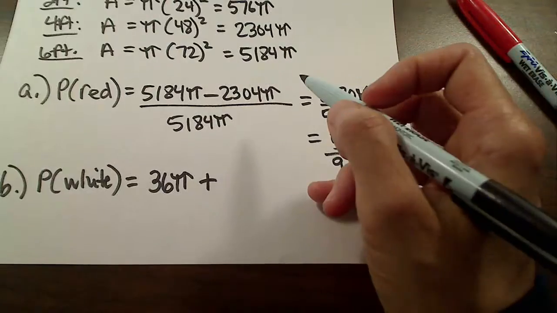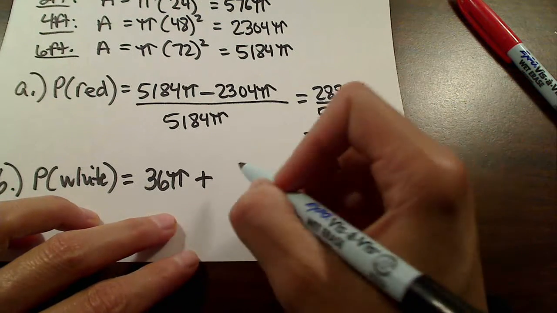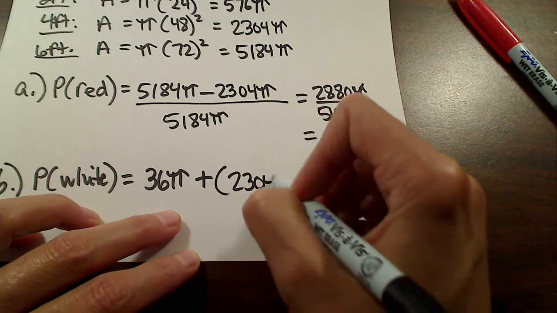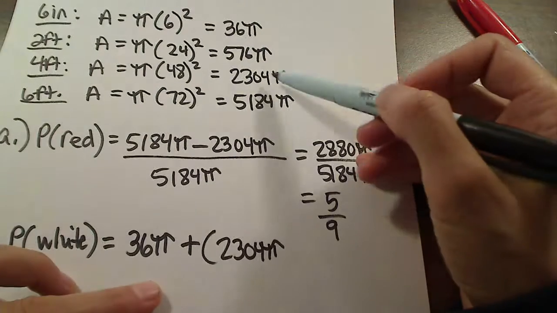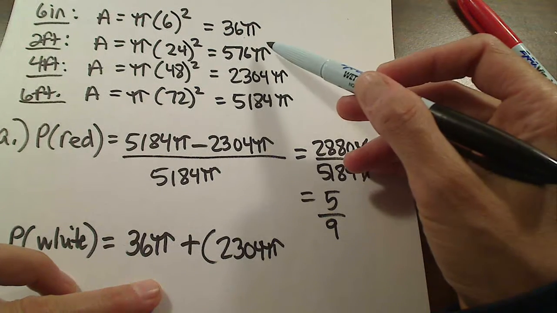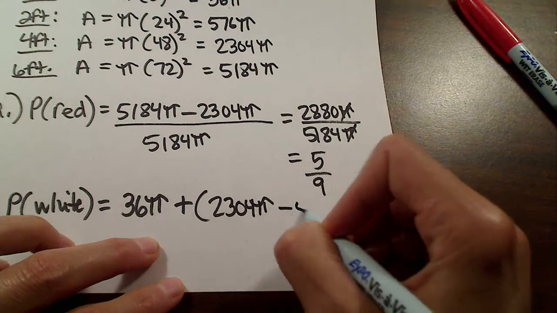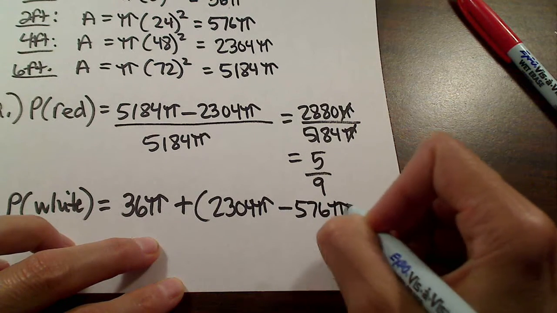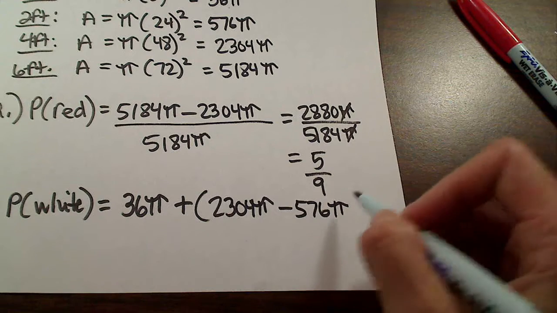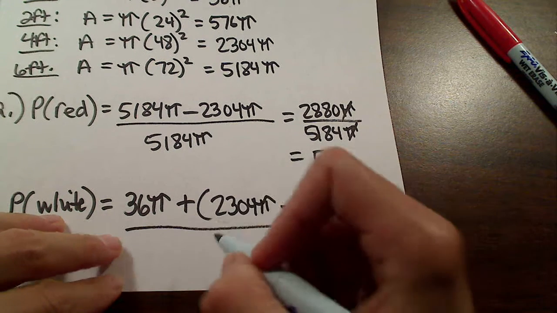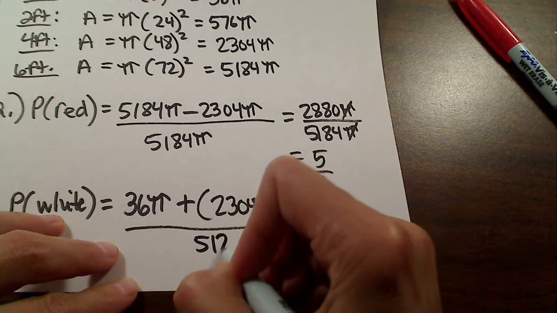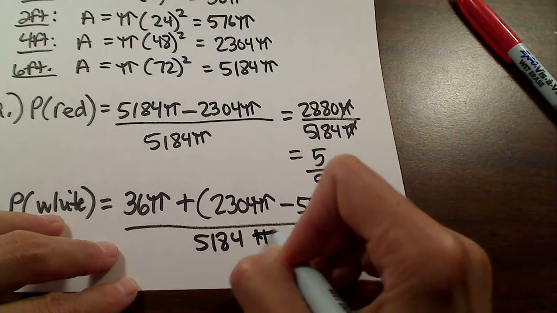So that would be the 2304 pi, our area for the 4 foot, subtracting off the 576 pi. And that's our top, and the bottom again is the 5184 pi.